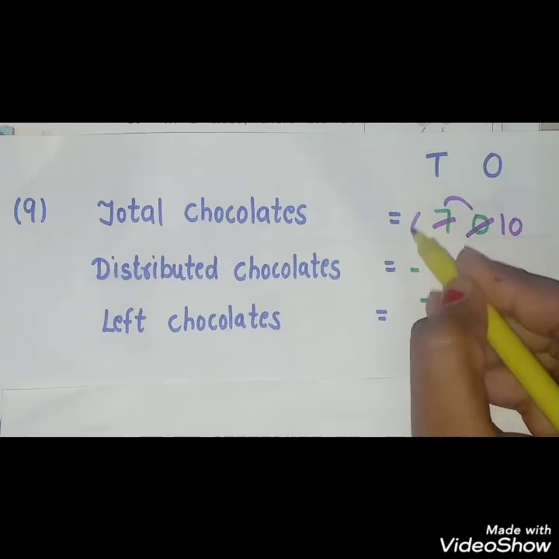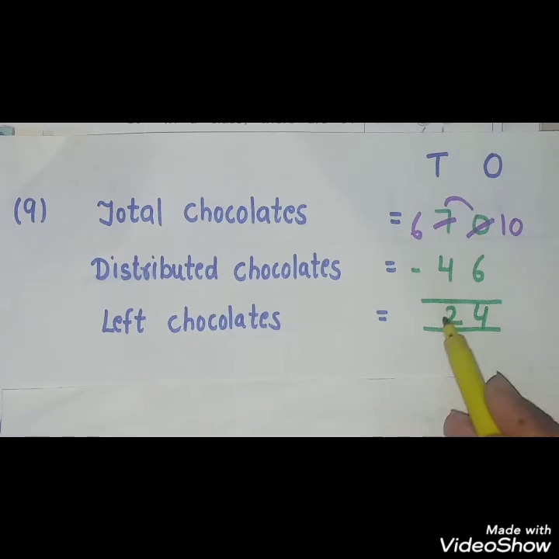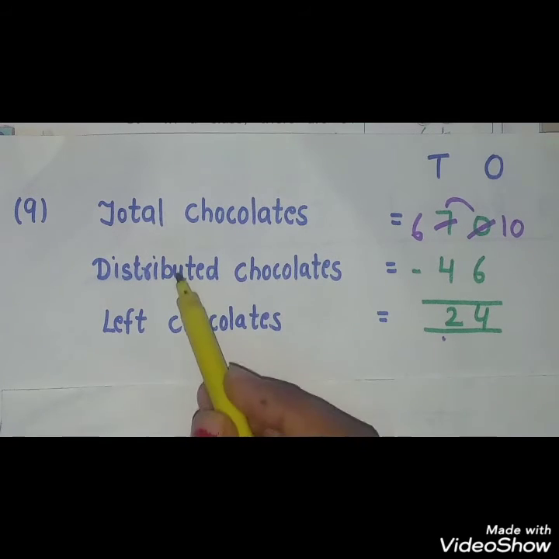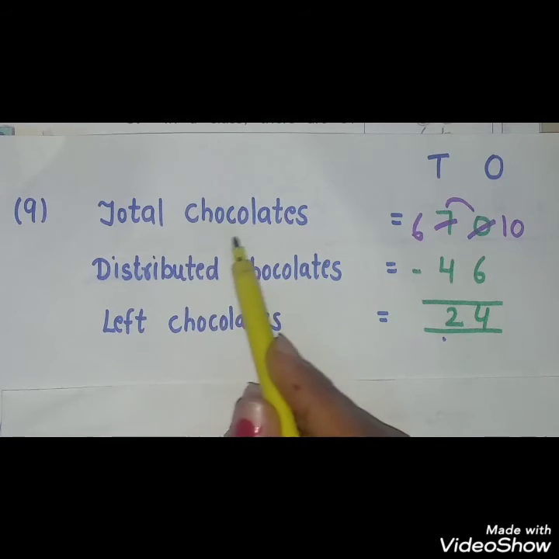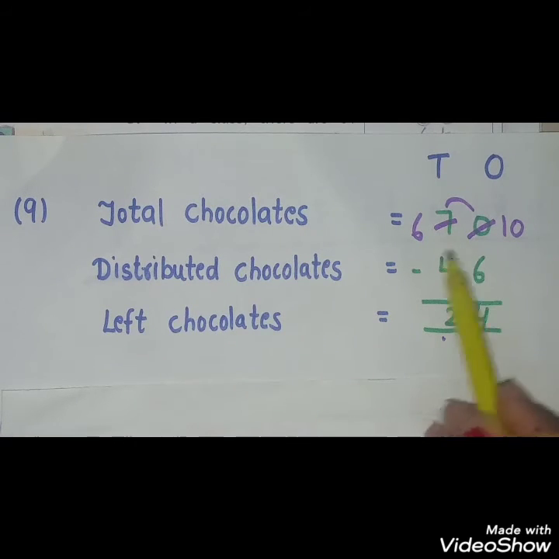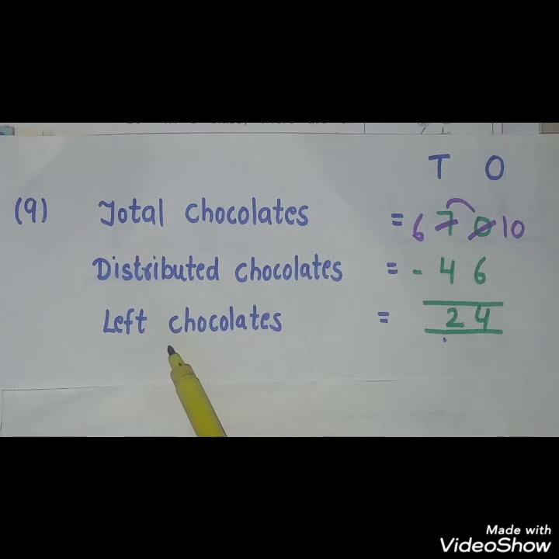Here remains 6. 6 minus 4 is 2. It becomes 24. Yes students, in this sum total chocolates are 70, distributed chocolates 46, and we have to find the left chocolates, that is 24.